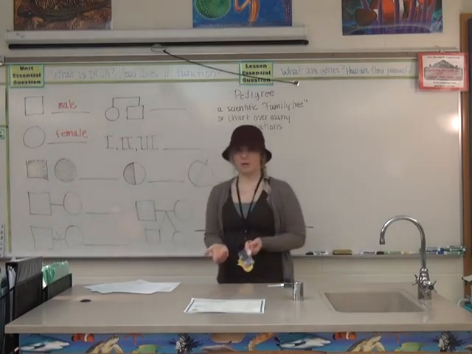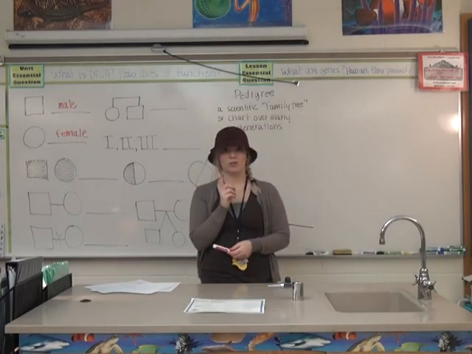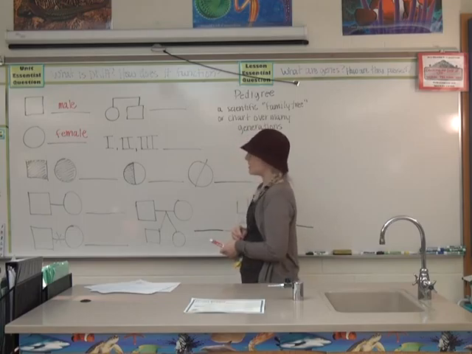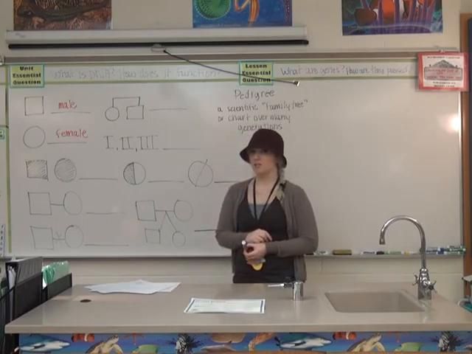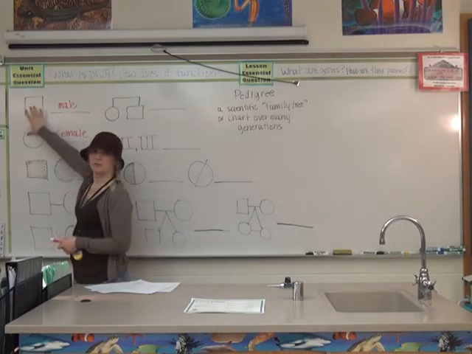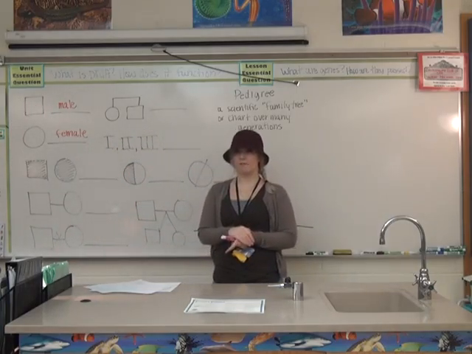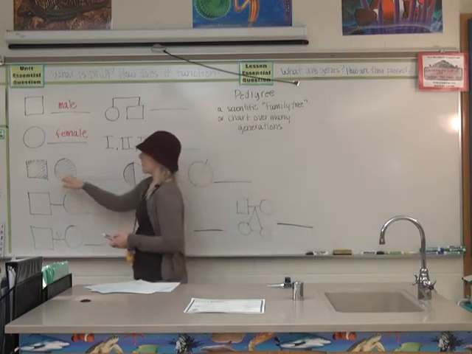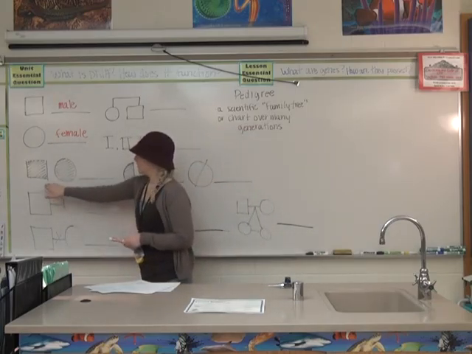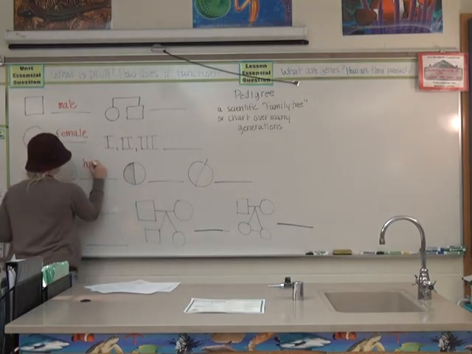Now, usually we'd make a pedigree to look at the family history of one certain trait. So if there are individuals in that family history that don't have the trait, their boxes aren't going to be filled in. But if those individuals do have that certain trait, the square or circle is going to be filled in. So a filled in circle or square means that they do have the trait.